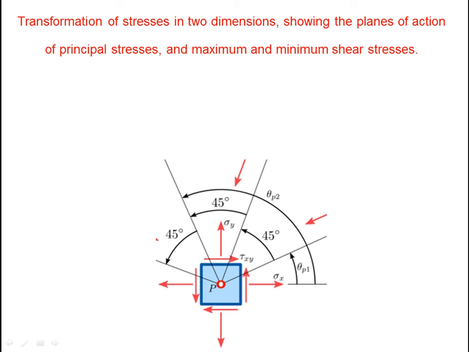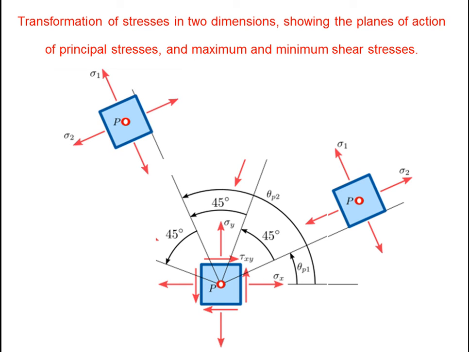From this Mohr circle we will measure the angle of the principal plane and mark it like this. This is the major principal plane, the stress acting normal to this plane is sigma 1 and parallel to this plane is sigma 2. From this plane, the plane of maximum shear is at 45 degrees, and the minor principal plane is at 90 degrees.